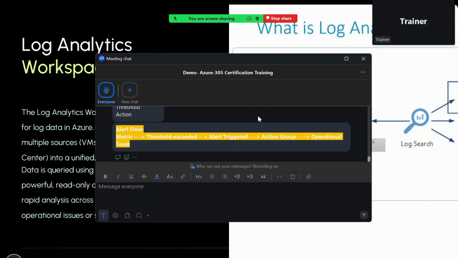In our current topic, which we have just covered, we learned Azure Monitor, Metrics Explorer, Alerts, Action Groups, Log Analytics Workspace, and KQL. Monitoring tells us infrastructure health, resource performance, and operational status.